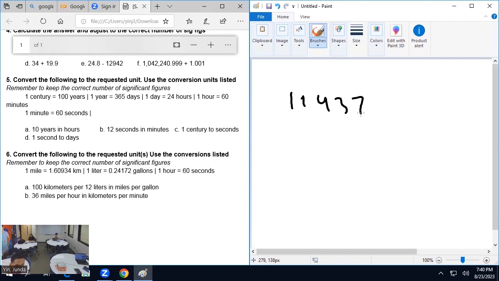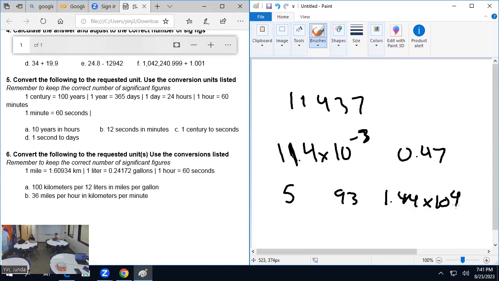Really quickly, can you tell me which one of these numbers is in scientific notation? Don't worry about this number up here. The 11.4 times 10 to the negative third, and the one in the bottom right, are those both scientific?